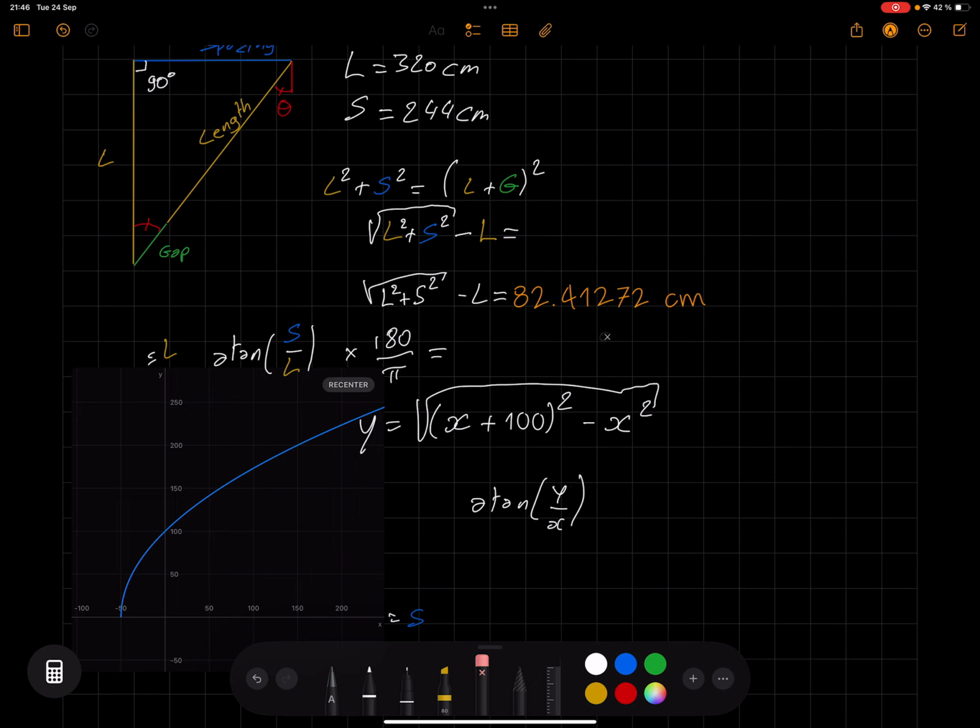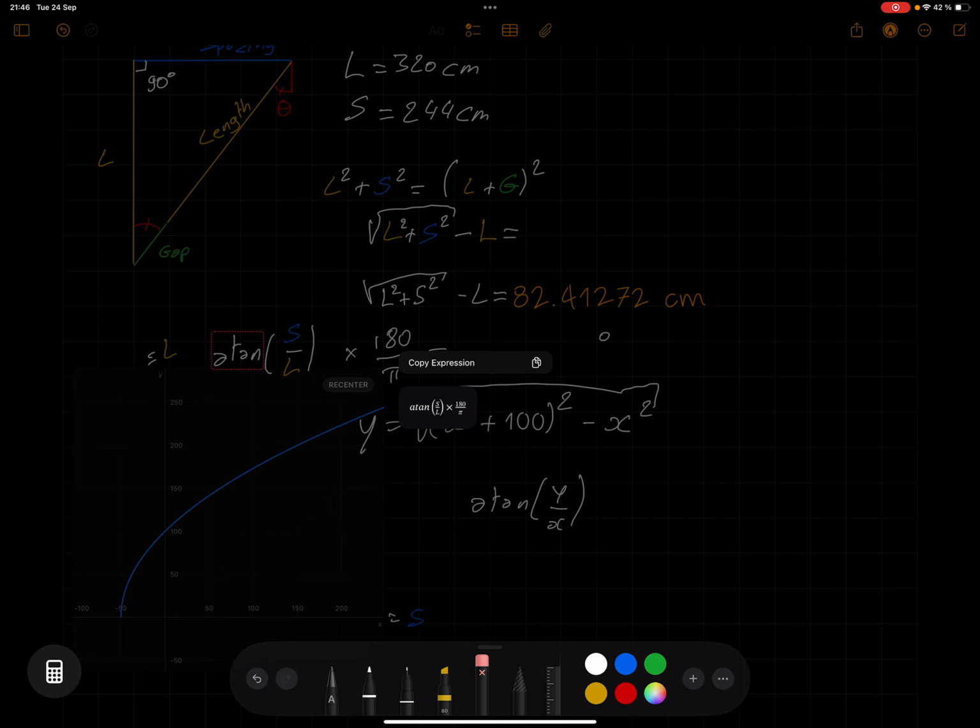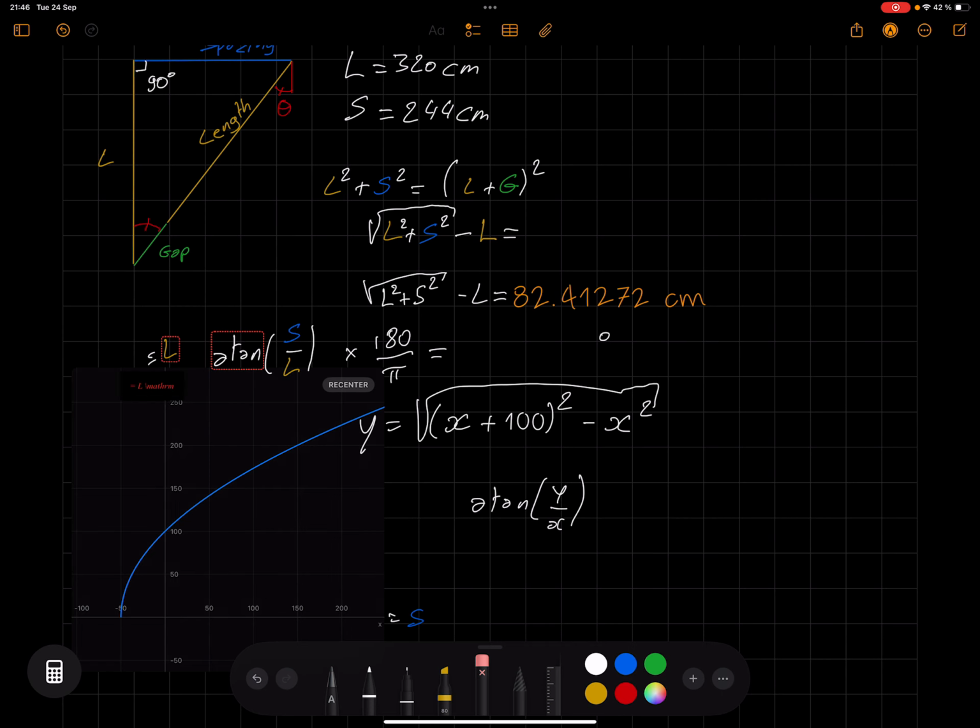You see here I have still my degrees symbol, but I lost everything. So why? An expression is working. I think it's because I had stuff like that. And okay, so this doesn't work and it doesn't care.